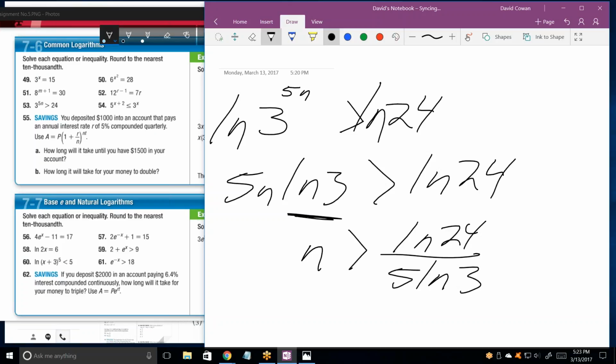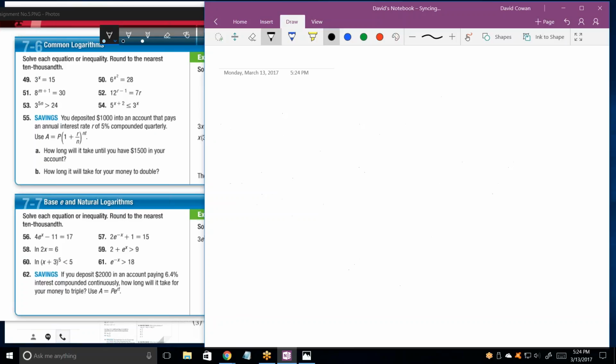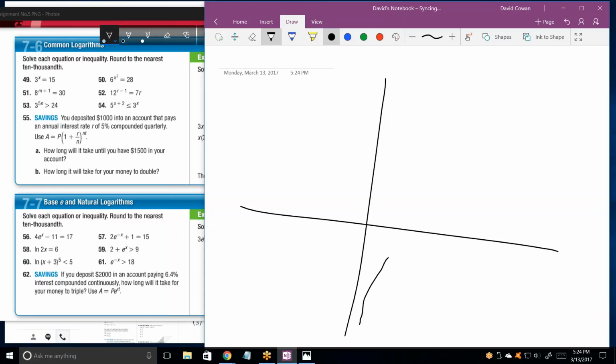Now, let's talk about logs. How did I know that was a positive number? Logs of numbers greater than 1 are positive. Logs of numbers between 0 and 1 are negative. Remember what the log equation looks like. It looks like this, with that point always being (1, 0).